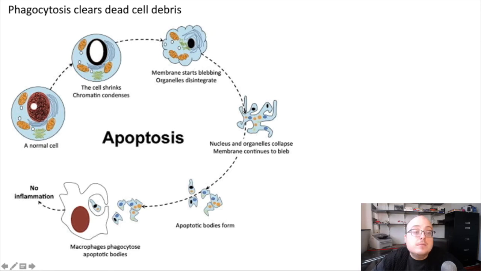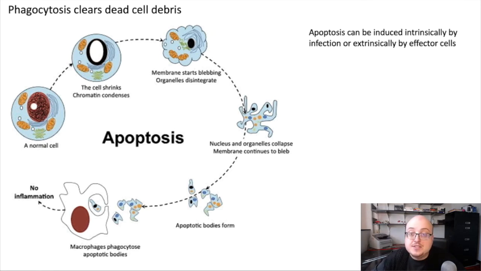So this happens downstream of multiple ways that cells might undergo apoptosis, either intrinsically or extrinsically. So cells can die on their own terms. They can decide to undergo apoptosis because they have an infection or they have genotoxic stress or something, but they can also be induced to undergo apoptosis extrinsically.